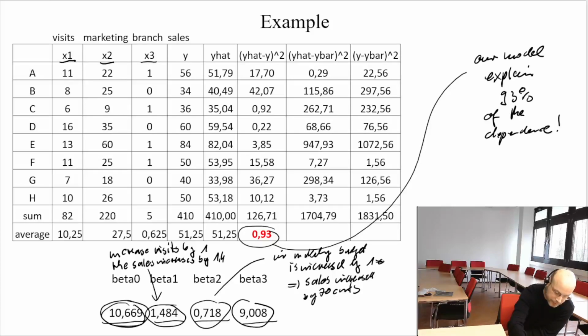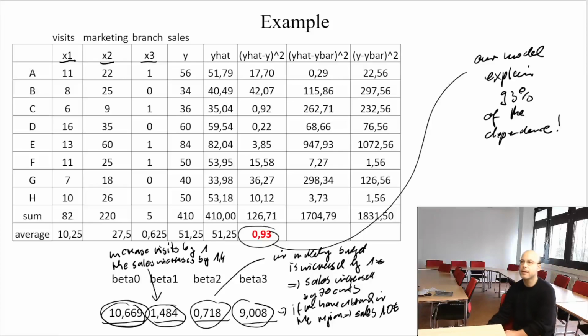And here, if we have a branch in the region, we will have additional sales of €10. So again, of course, these regression parameters are interpreted in the same way as in the simple case.